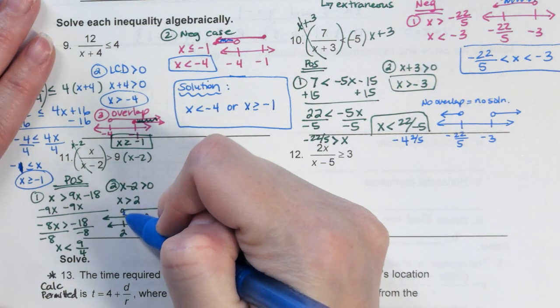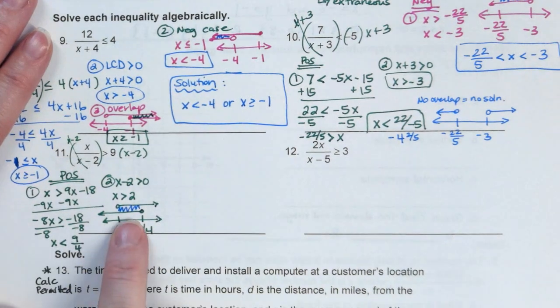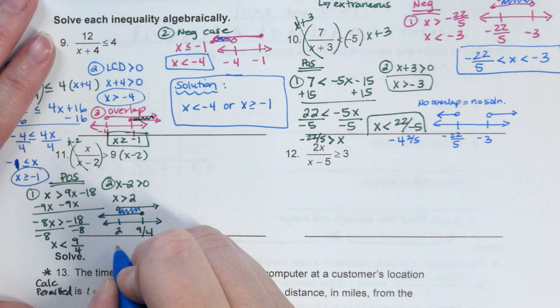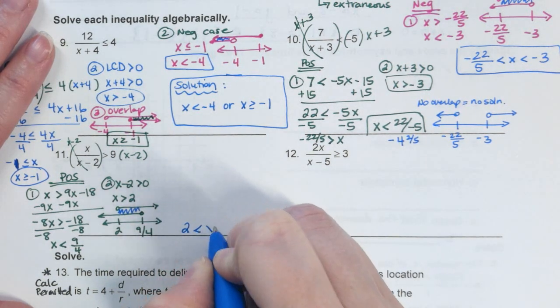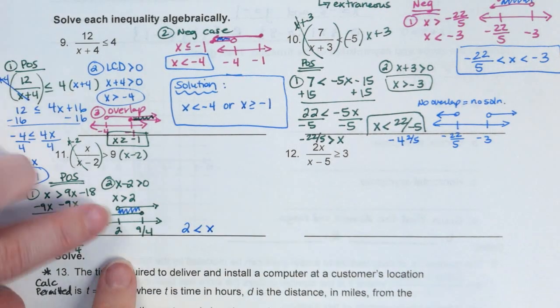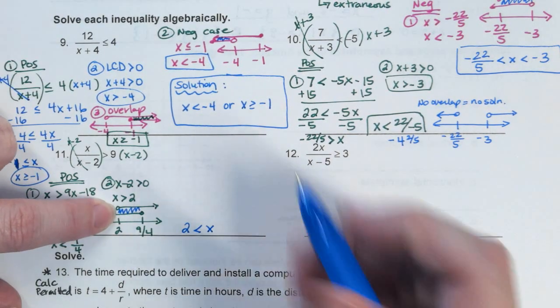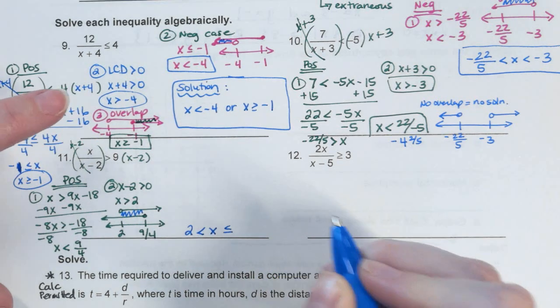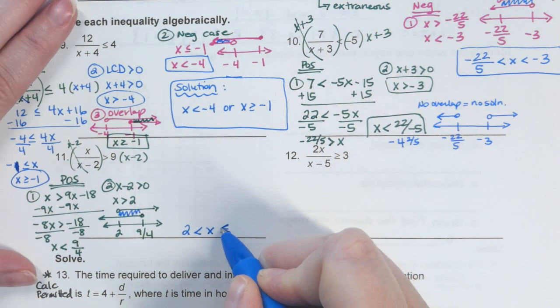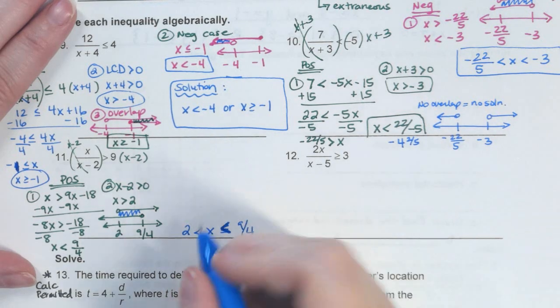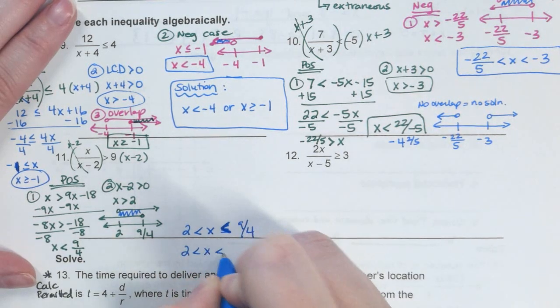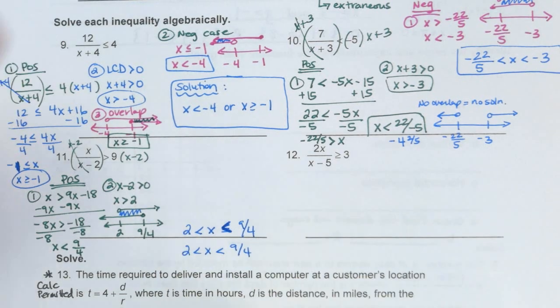And then your overlap is in between. So if it's in between those two, it's going to be 2 is less than x. Because see how you have the open circle here? And they're both less than. Okay, and that is going to be less than 9 over 4. So 2 is less than x, which is less than 9 over 4.